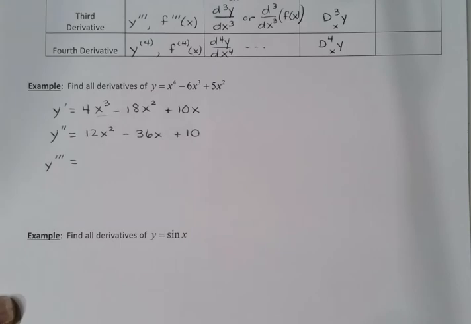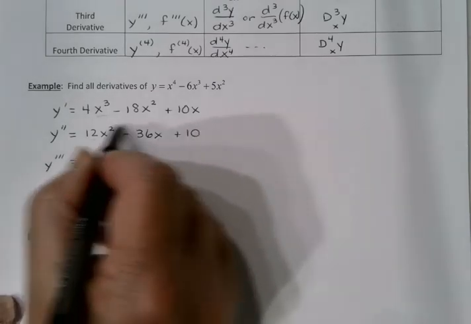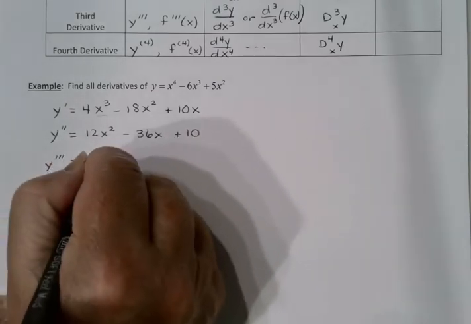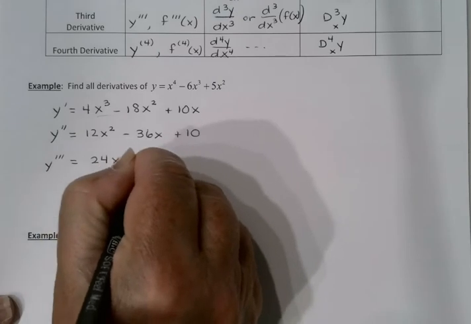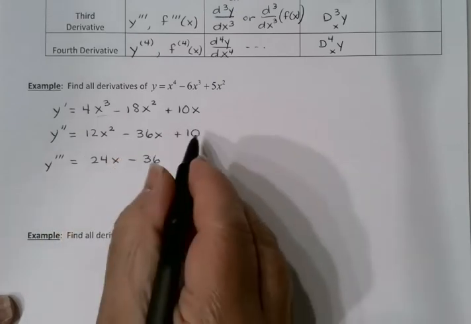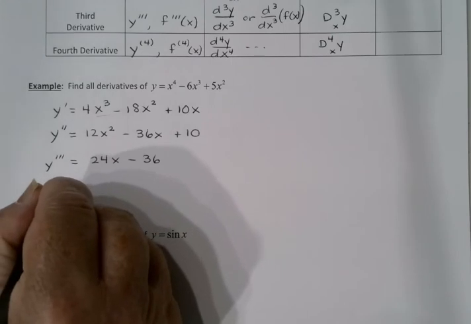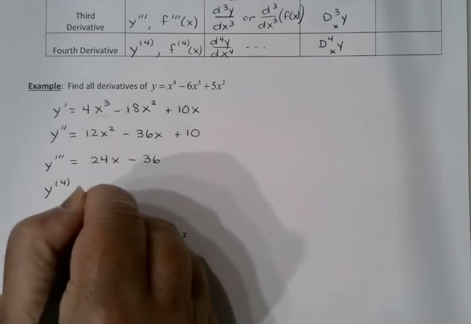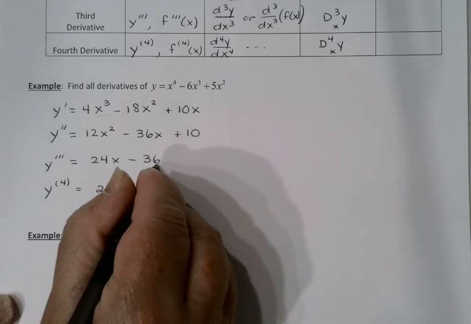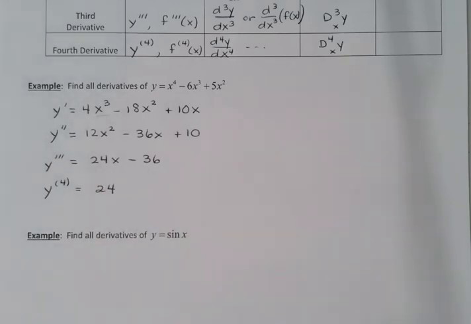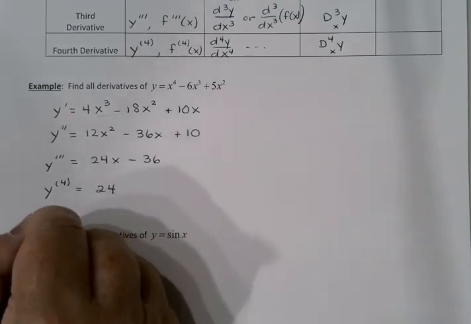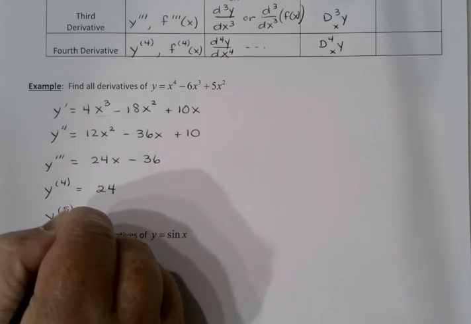And then we keep on going. Third derivative, take the derivative of the second. So 24x minus 36 plus 0. The fourth derivative would just be 24, the derivative of the 36 becoming 0. And then notice what happens when we get to the fifth derivative.